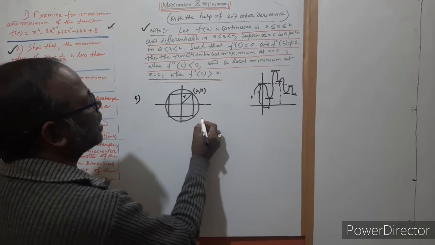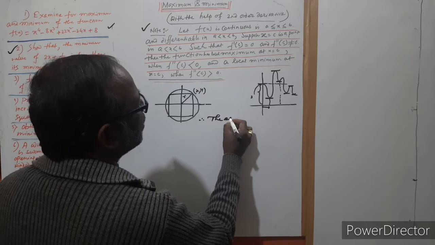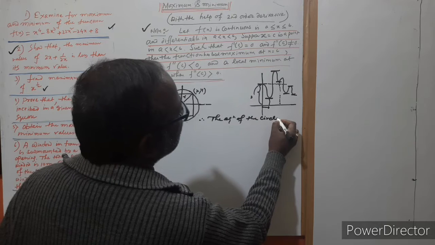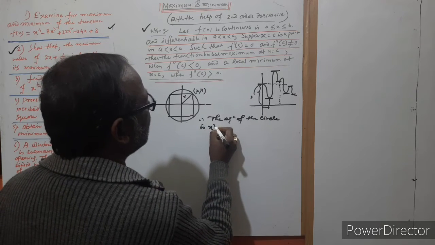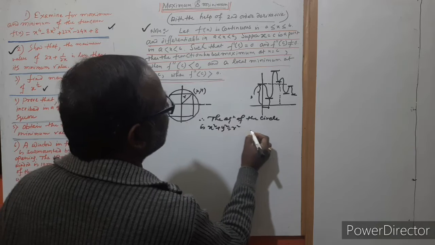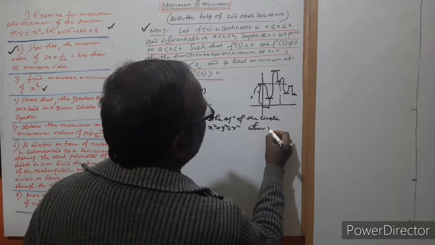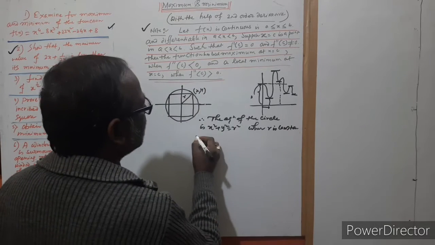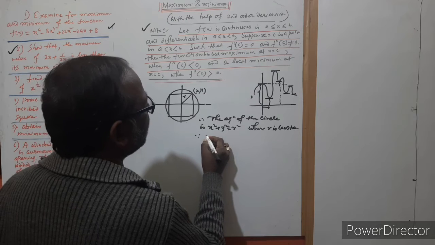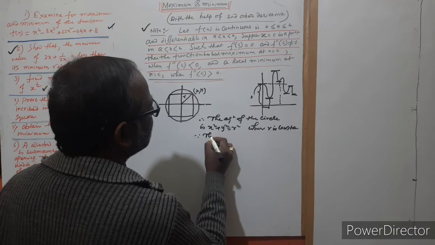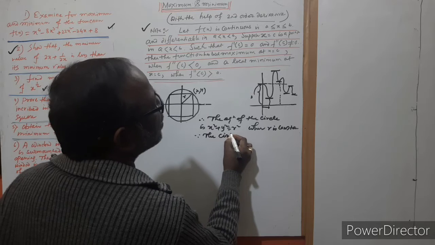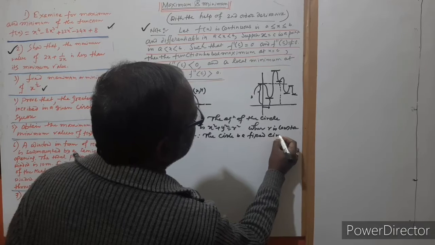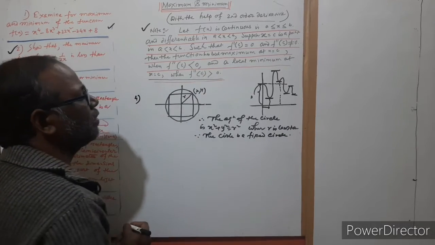So the equation of the circle is x square plus y square equal to r square, where r is a constant, since the circle is a fixed circle.